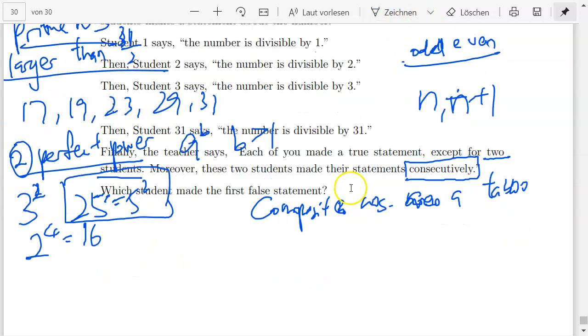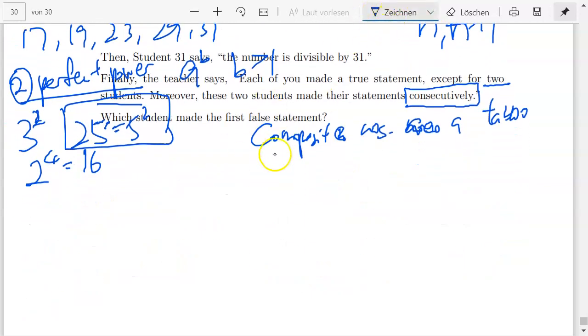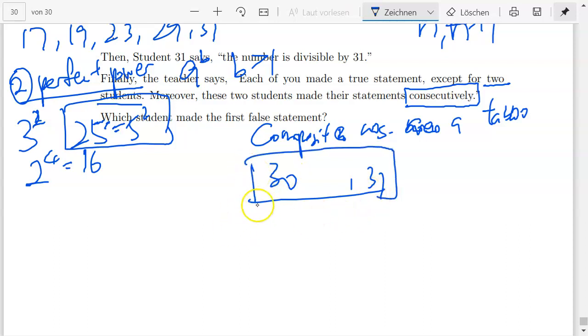Because take an example, maybe say 30 and then 31. Maybe say this big number is not divisible by 30 and 31. If it is not divisible by 30, something must be wrong inside here. If we can break down 30 into 2 times 3 times 5, then if this number is not divisible by 30, it must not be divisible by either 2, 3, or 5. One of them cannot divide the number mentioned above.